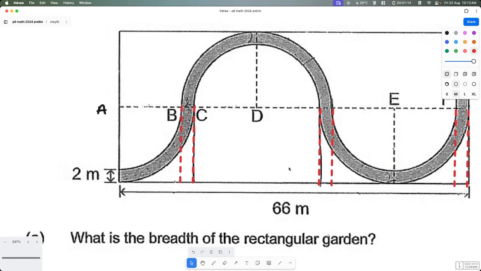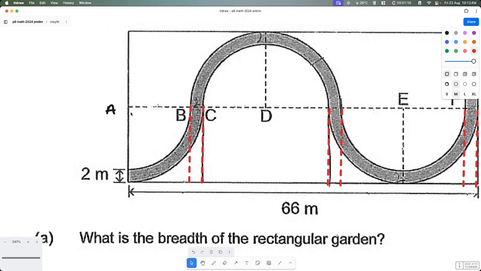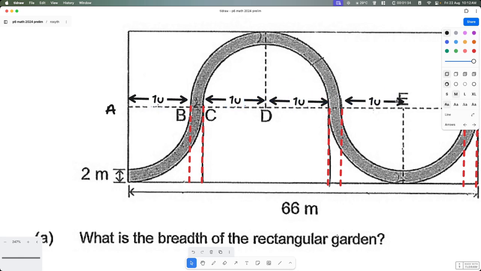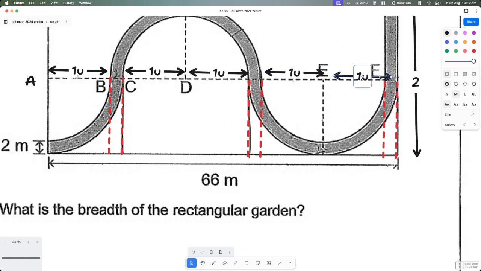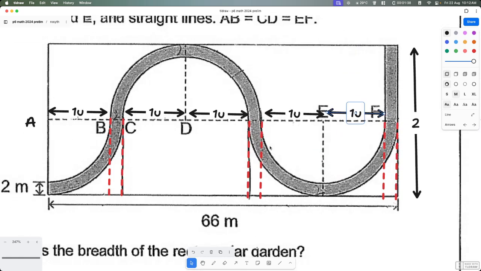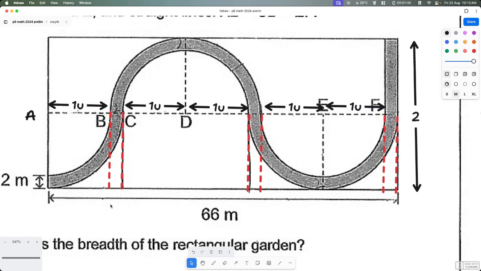So that leaves us with, I'll call it, squares. So this is 1 unit, then 1 unit over here, another unit, then another unit over here, and another unit over here. So in total 66 meters.